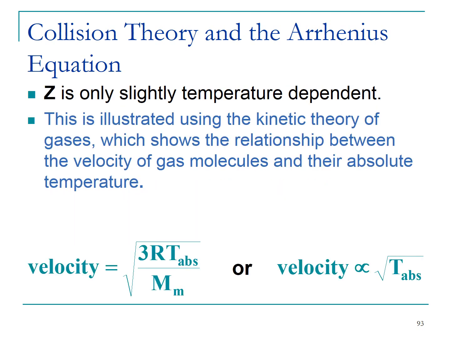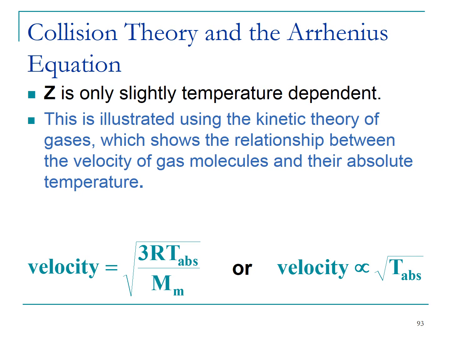So it turns out that Z, how often they collide, is not as temperature dependent as you might think. So when we say that you increase the temperature and molecules collide more often, yes, that's true, but it's not the most important fact about the temperature increasing the rate. So what this slide is showing you, that velocity is directly related to the absolute temperature, but only the square root.